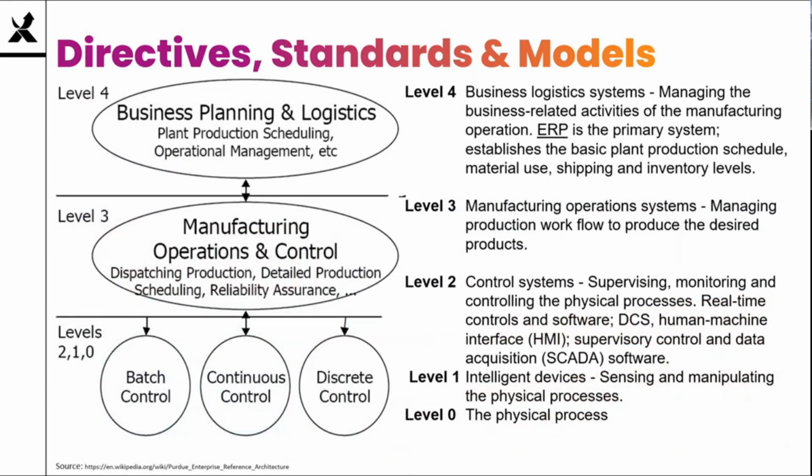When investigating an OT design, you will always come across the Purdue model. Purdue is a university in the US. In the 1990s, they came up with the PERA, the Purdue Enterprise Reference Architecture. It is basically a guideline with a reference on how to segment your ICS network.